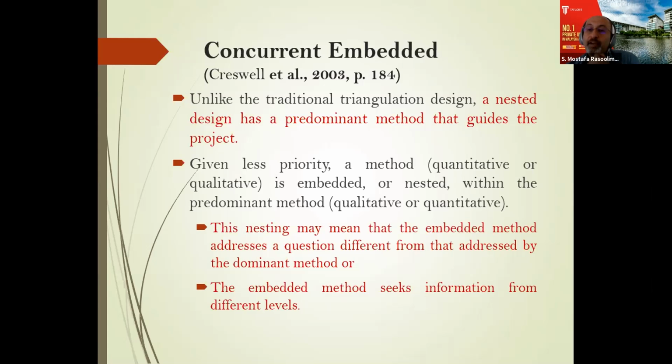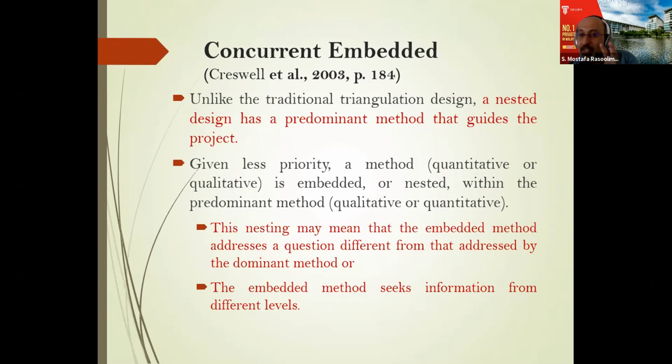So we don't have a prior study on, for example, the perception of tourists about the authenticity of a World Heritage Site, right? We don't have a prior study, and we decide to go for qualitative. So our main method is qualitative.